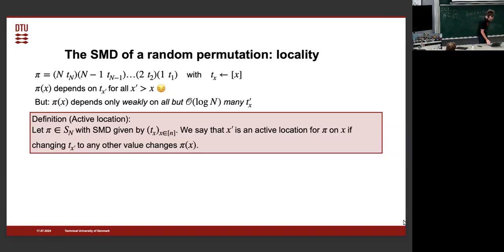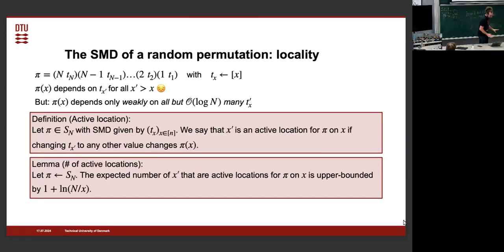For now, that's just a definition. To give away the usefulness of it, we have this lemma that says that the expected number of locations x' that are active for pi on x, for a random permutation, is logarithmic in the domain size.